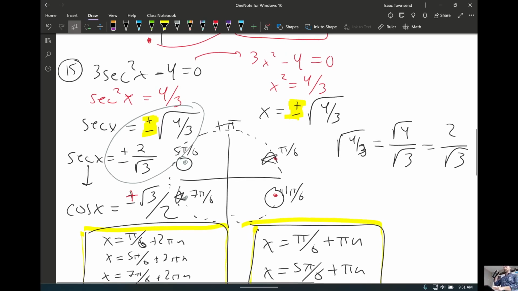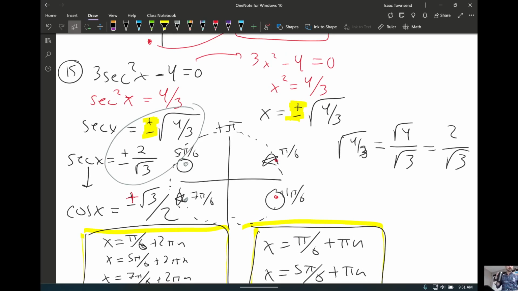You can take a picture of it if you want, or you can watch the class recording later. But still, no one's asked about 11. 17 is similar to 15, but no one's asked that yet. 21, 23, any of those you've gotten to?